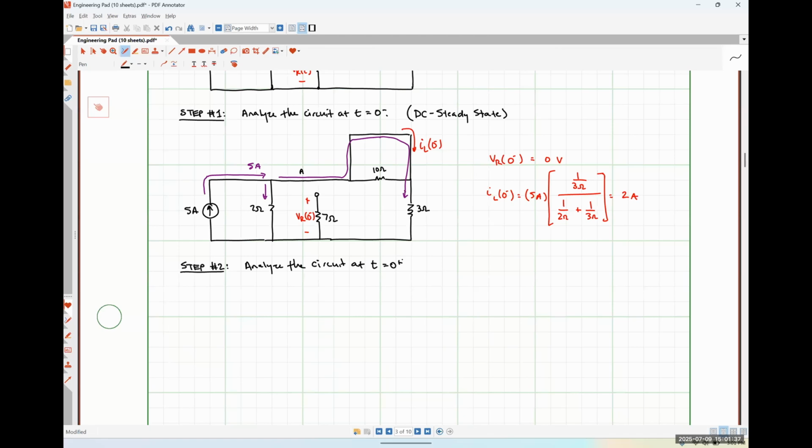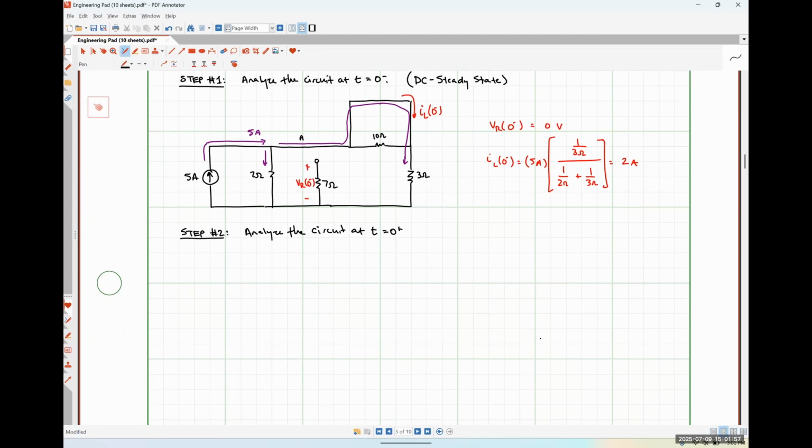Okay. So this is the specific instant in time after the switch has changed states. So we're not looking at things over a range of times like we did when we were deriving things. We just want to know what's happening in that one particular moment.